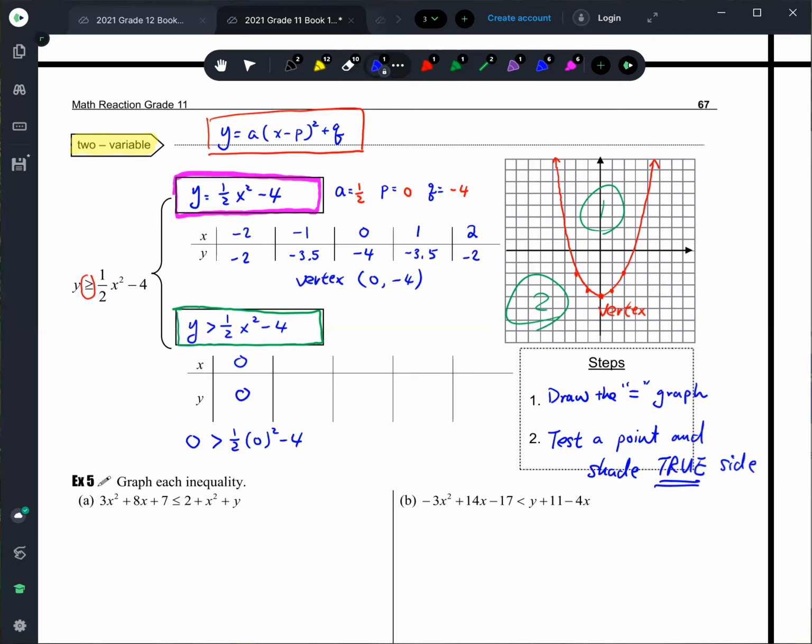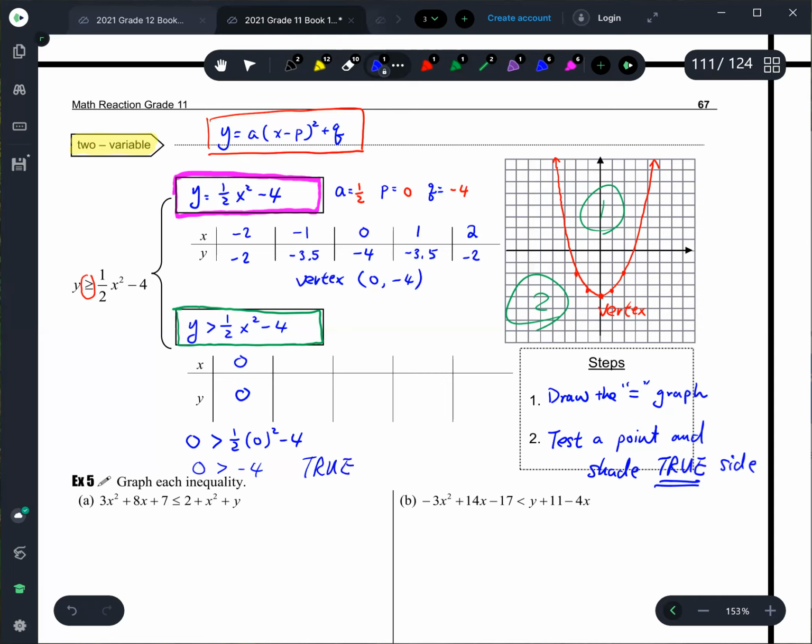Okay, so Wilson, did you find out if it's true or false? Yeah, 0 is bigger than the one on the right. What's on the right? -4. Yeah, okay, 0 is bigger than -4, this is true. So (0, 0), the point that we test, is on the inside.